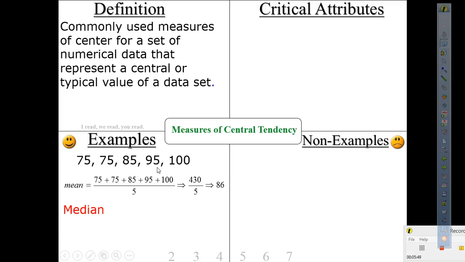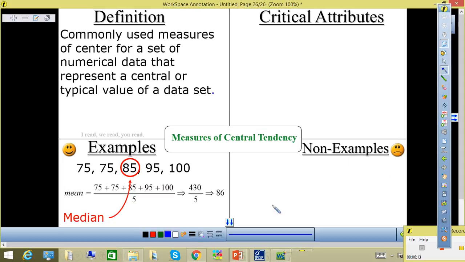So looking at this data that's organized from least to greatest, which number's in the middle? So point an arrow to 85 and circle it, and that's our median. Another word for median would be what? Middle. Another word for median could be also Malcolm.